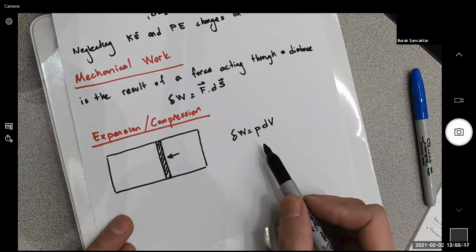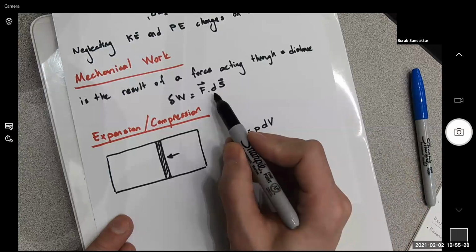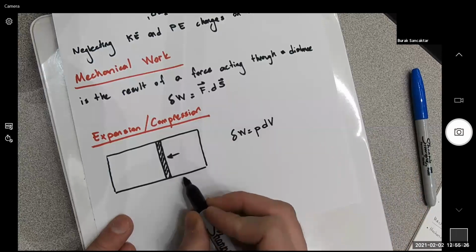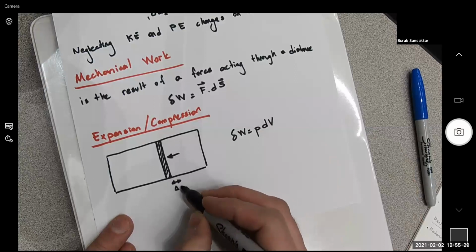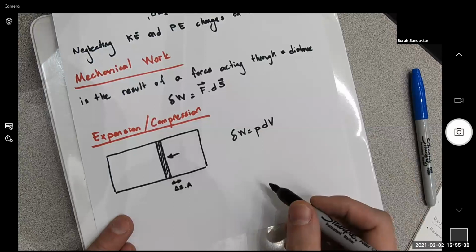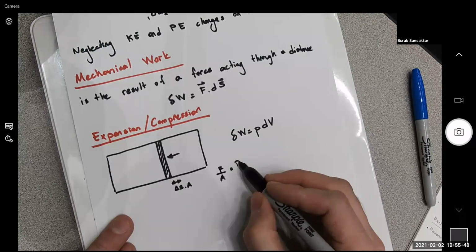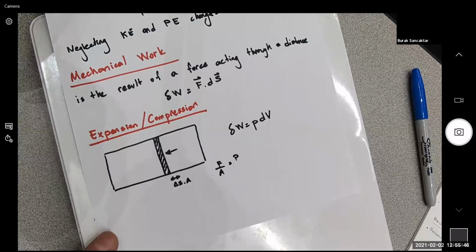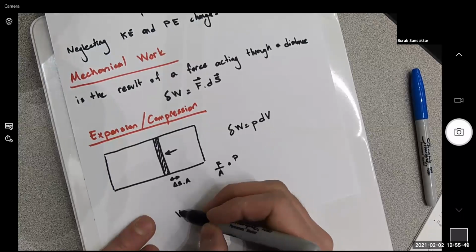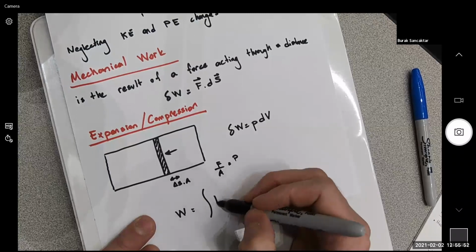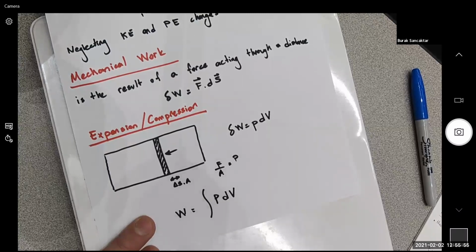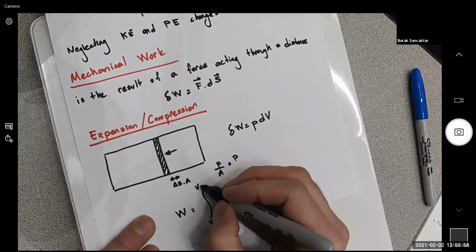Multiplying the area times delta S gives you volume, and force divided by area gives you pressure. So work equals pressure times the volume difference from state 1 to state 2.